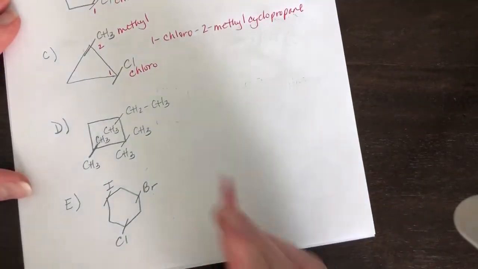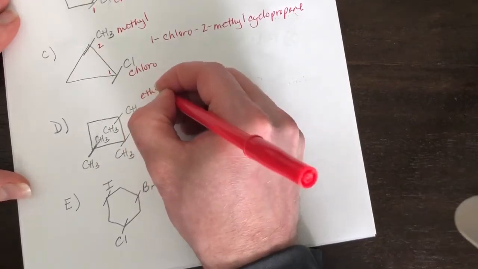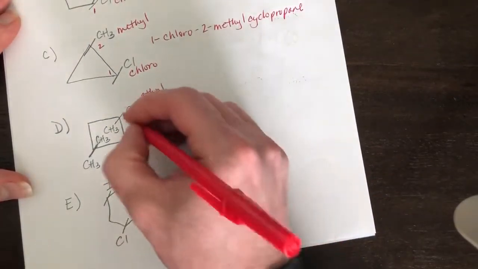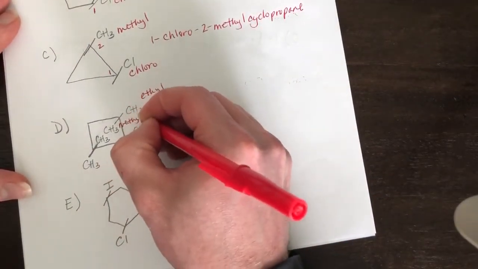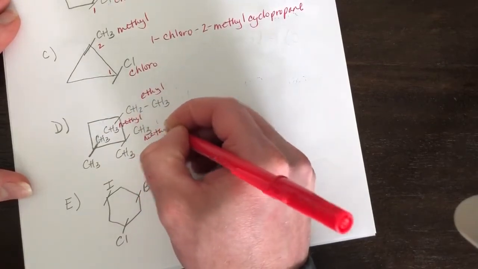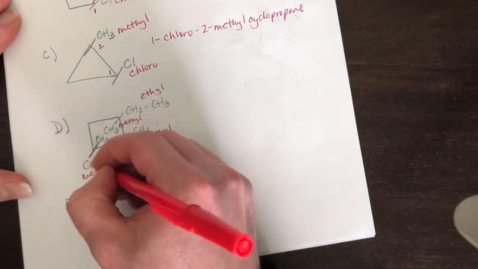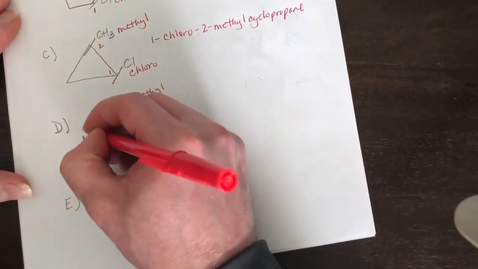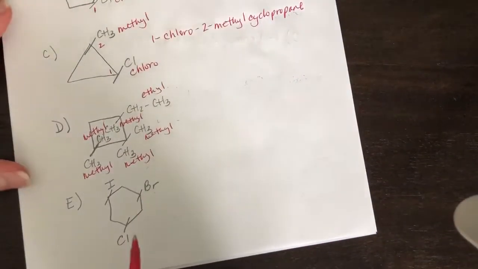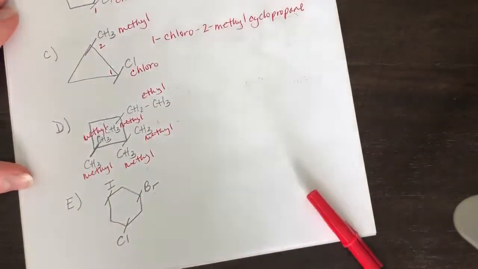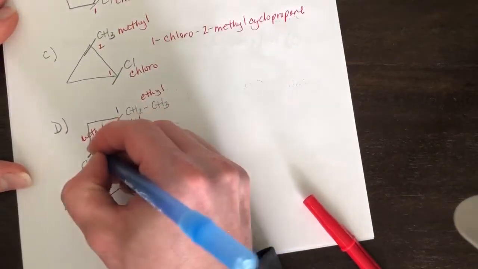Okay, so we got an ethyl, we got a whole bunch of methyls. So we got 5 methyls. When I number this, it's going to be numbered 1, 2, and 3.